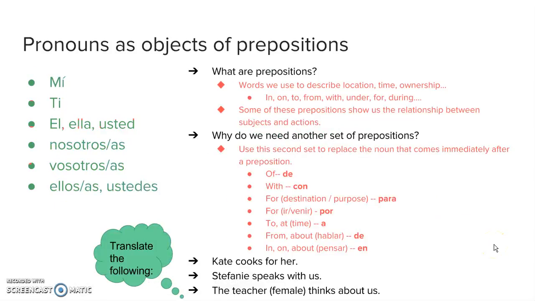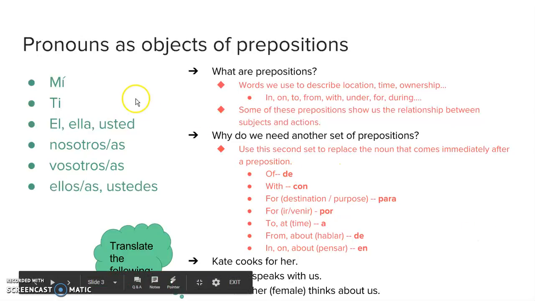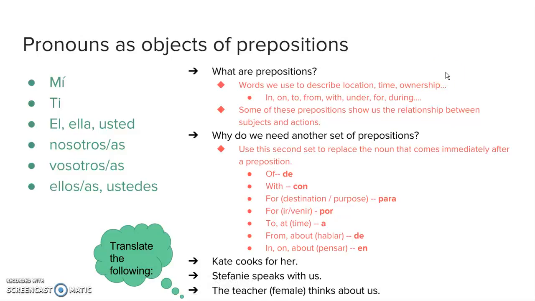Okay. So object pronouns as prepositions. These are right here for you to review. And prepositions are just words that help connect things or add more details to sentences and statements. So they can describe a location, time, ownership, and sometimes they show us the relationship between subjects and actions and objects.